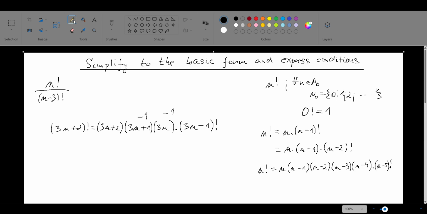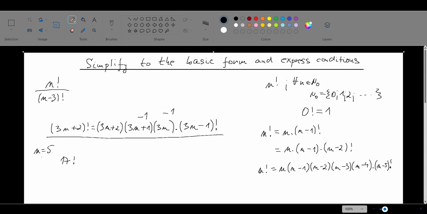And I also wanted to show you, in this expression, what would it mean if you say that, for example, n is equal to 5? You evaluate the expression on the left side, which is going to be 3 times 5 is 15 plus 2 is 17 factorial.